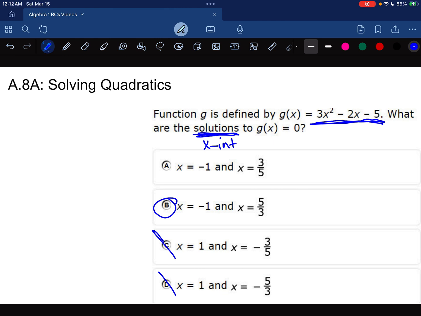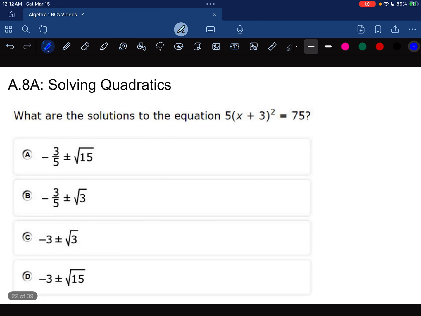All right. Go ahead and do this one. It's a tad bit spicy, but you can do it. All right, first things first. We need to put this equation in standard form, meaning it has to be equal to 0.